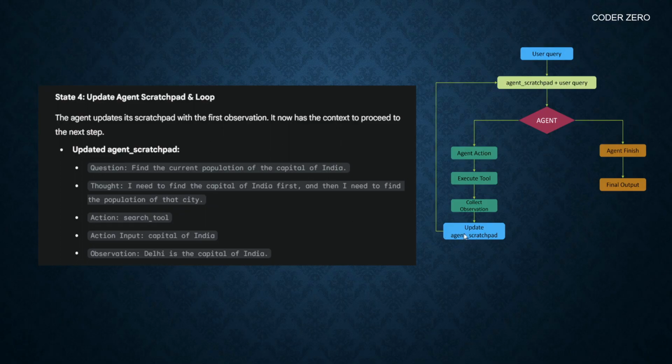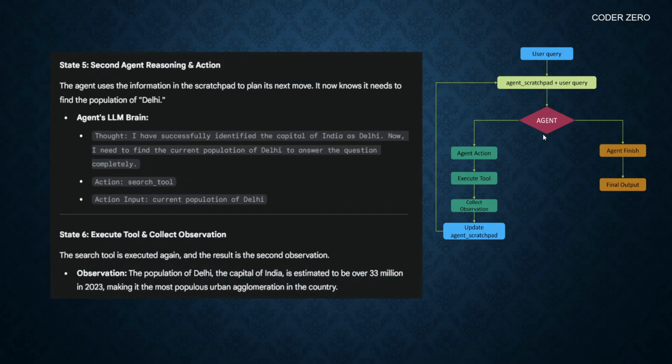You can see. Now we'll combine that scratchpad with the user query and give it to the agent. So now the agent will think: I have successfully identified the capital of India as Delhi. Now I need to find the current population of Delhi to answer the question completely.